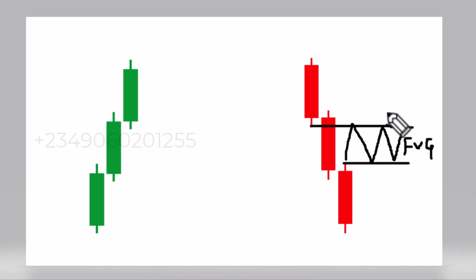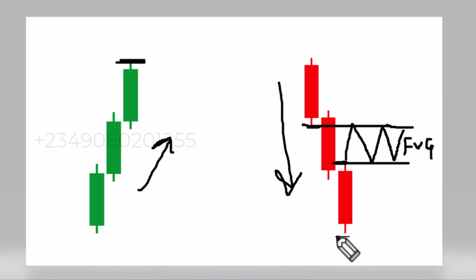So what does this fair value gap mean? What is the significance of marking these highs and lows? Remember, we always advise you as a beginner that when you are buying, don't buy high. Likewise, when you are selling, don't sell too low.